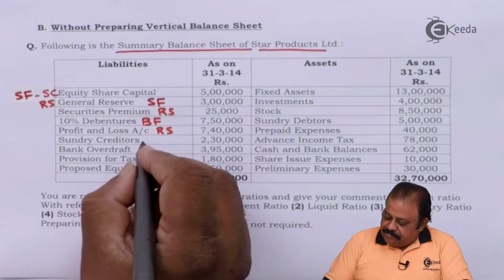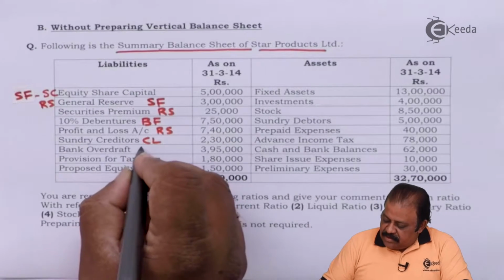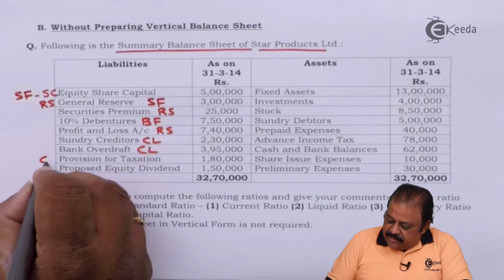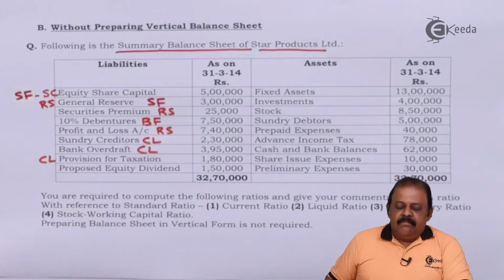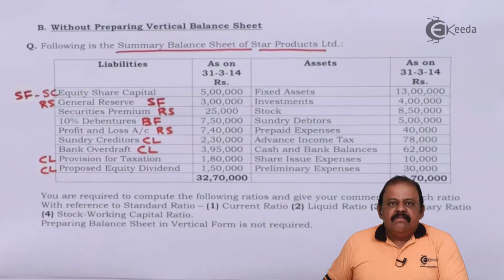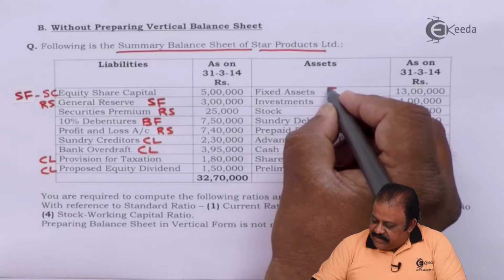Sundry creditors, current liability. Bank overdraft, current liability. Provision for taxation, current liability. Proposed equity dividend, current liability. Let us go through the assets. Fixed assets.